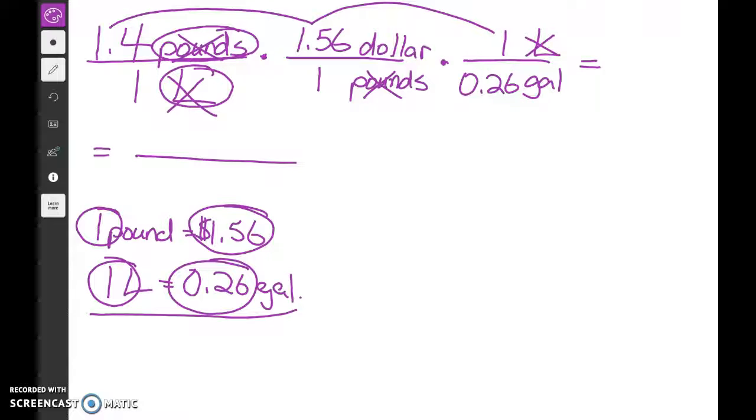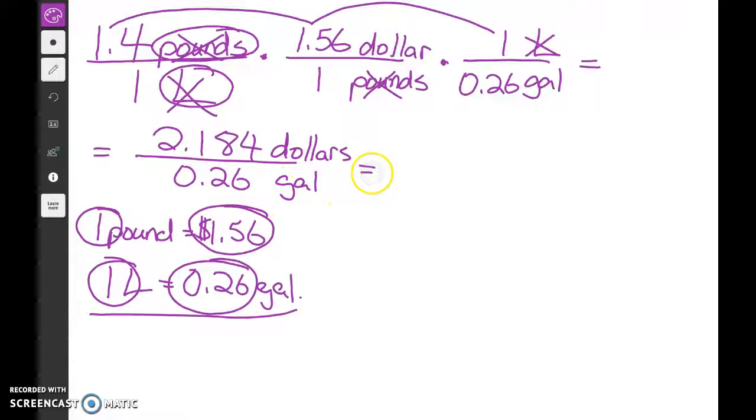When we multiply those together, we should get an answer of 2.184, and that's in dollars on top. On bottom, we do 1 times 0.26, so that's pretty easy, that's 0.26, and the bottom is going to be in gallons.